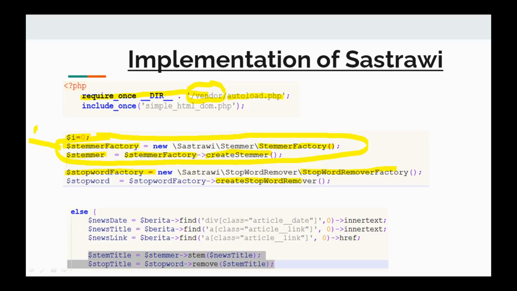When using the stemmer here, we call the stem method, and the argument used is $news_title.